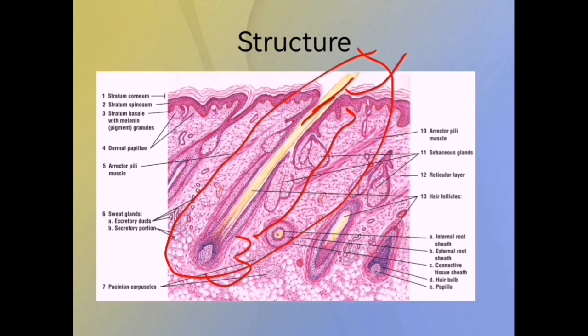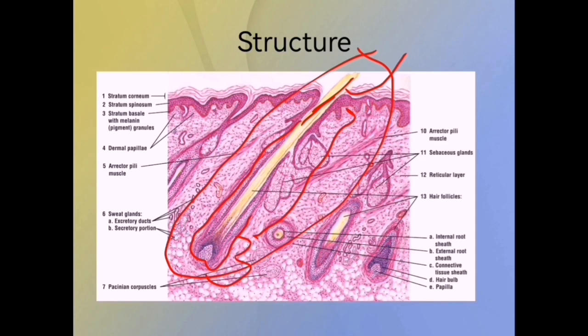Remember, hair is formed by the invagination of the epidermis. As the epidermis invaginates, it brings with it the dermal papilla, and it also brings with it the deepest layers of the epidermis. So it brings the stratum basale with it.